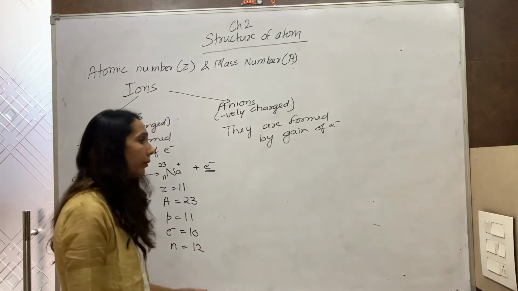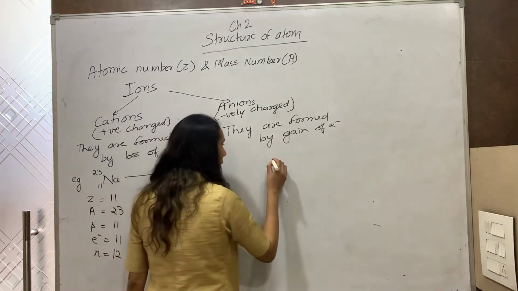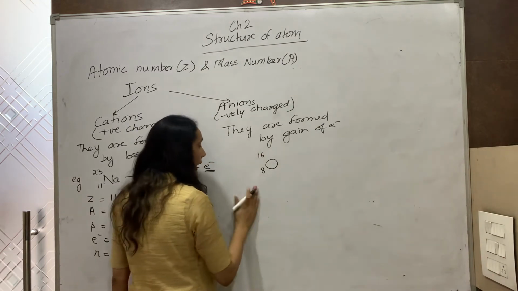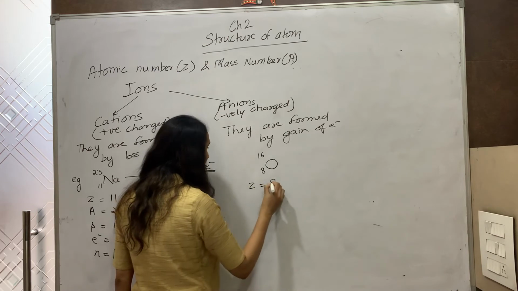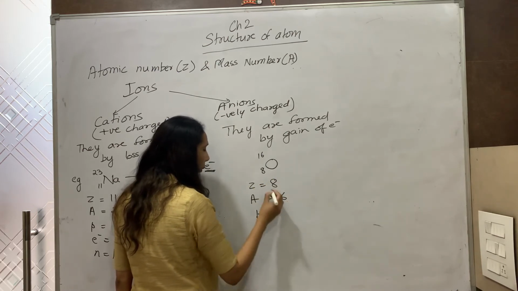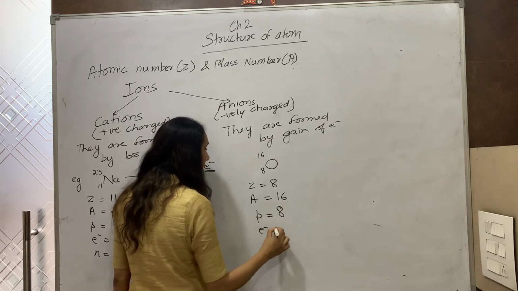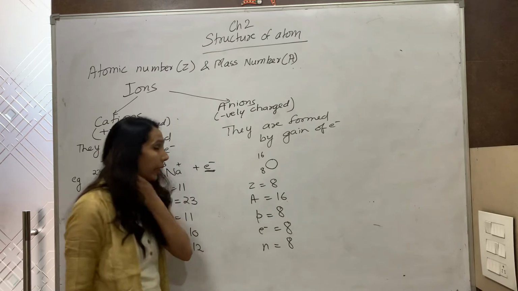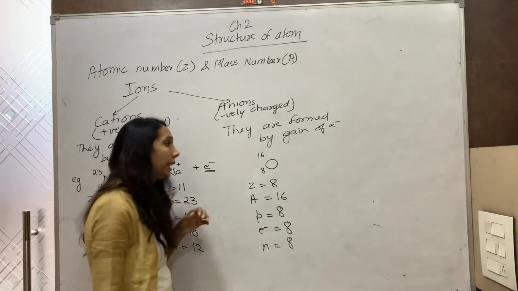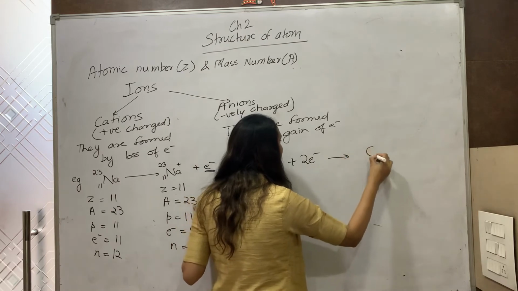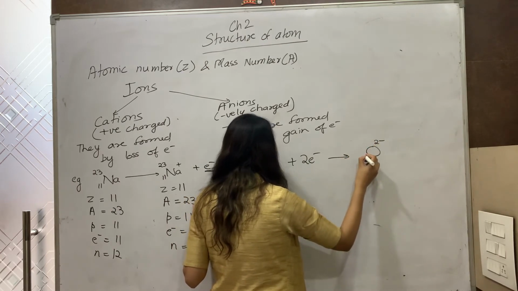Let us take another example. I take oxygen, 8, 16. Z for it is 8, A is 16, the number of protons is equal to Z, so it is 8, and the number of neutrons is 16 minus 8, that is 8. Now oxygen gains 2 electrons. If it gains 2 electrons, it will form O2 negative.